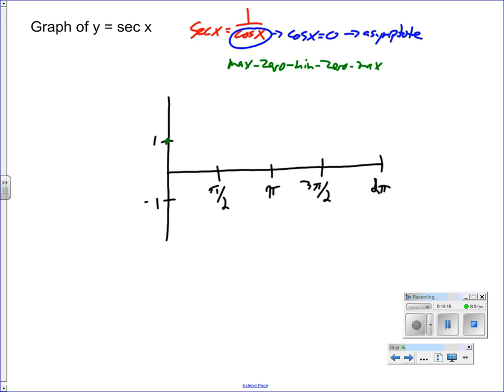So we'll go ahead and graph that. To get from this graph to my graph for secant, anywhere there's a max, I turn that into a minimum for secant. Anywhere there's a minimum, I turn it into a max for secant, and anywhere there's a 0, I turn it into an asymptote for secant.